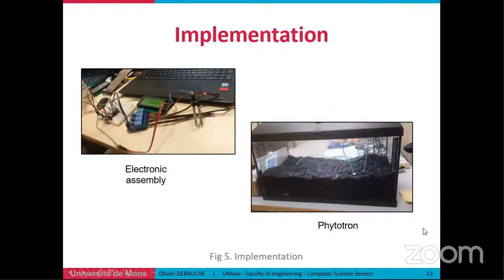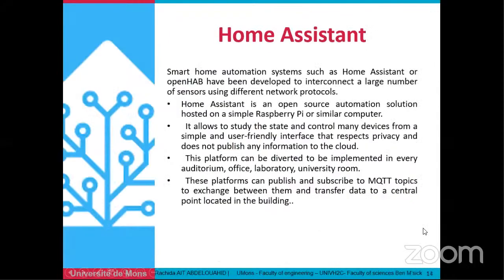to implement our proposition. So Home Assistant, this is a presentation of Home Assistant, the connectivity platform. Some smart home automation systems such as Home Assistant or Open Hub have been developed to interconnect a large number of sensors using different network protocols. Home Assistant is an open source automation solution hosted on a simple Raspberry Pi or similar computer.